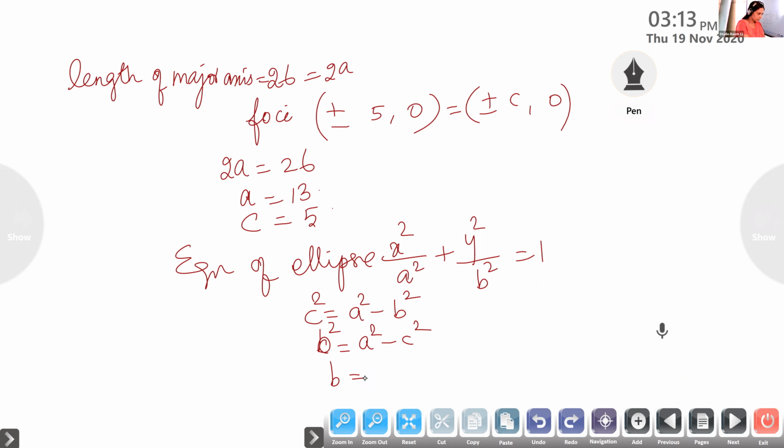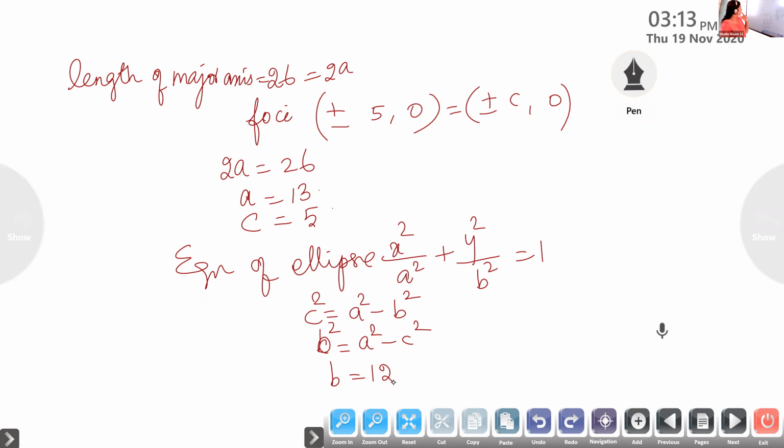What is the value of b? b is 12. b is 12 or root 12? b square is 12. Okay, b is 12. 13 square minus 25.